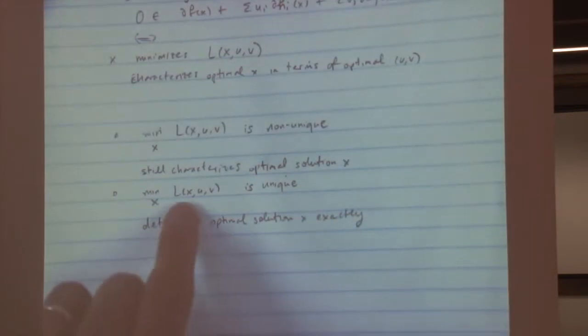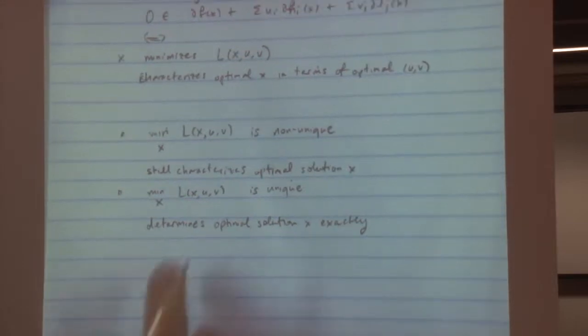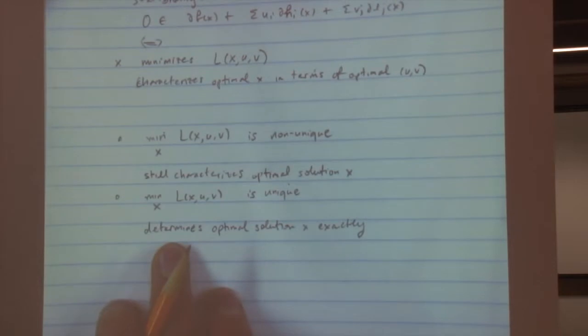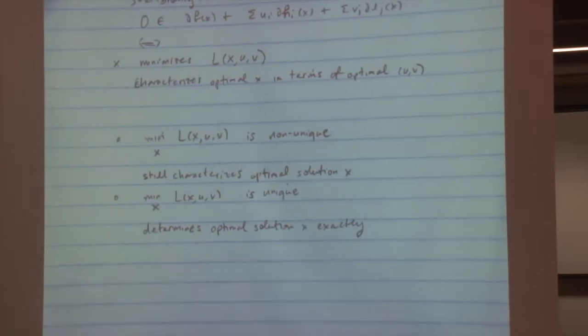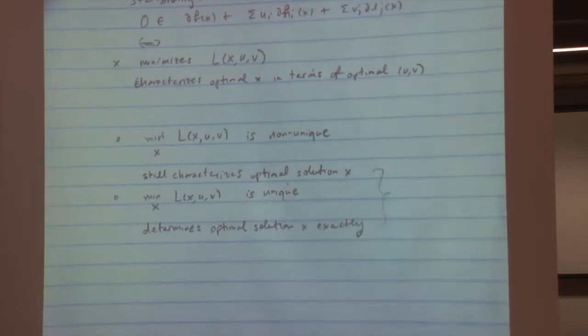Because if x minimizes the Lagrangian at the optimal dual u and v, and there's only one solution, then that must be x. So this is the case that we hope for more often in practice, right? We actually would like to know an explicit form for the primal solution. So this is really the case we're hoping for. But the first case can still happen.